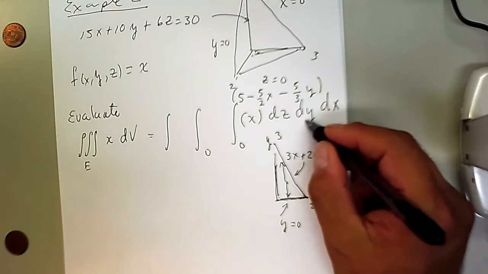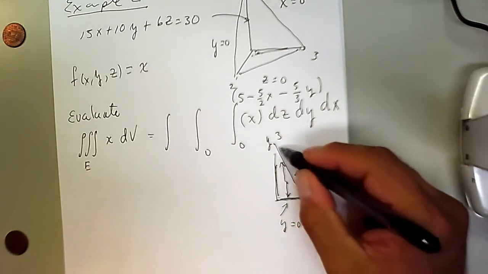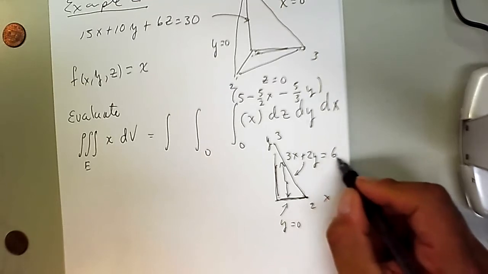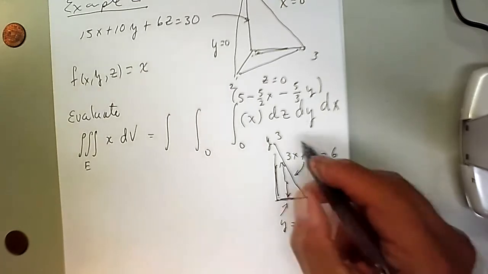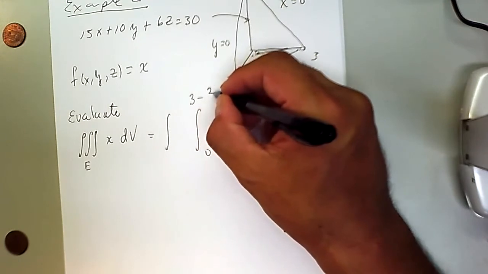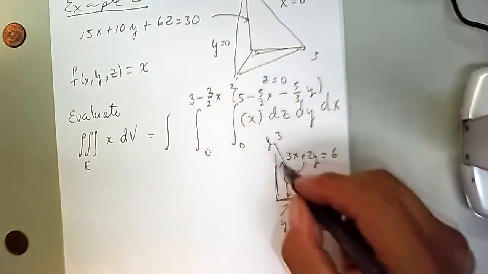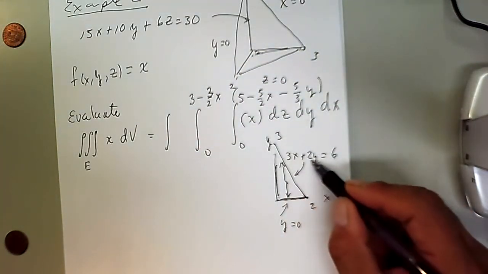We're integrating next with respect to y. And we want to have a ceiling for y. So we solve this equation for y, and that gives us, because we're going to divide by 2, 3 minus 3x over 2. 3 minus 3 halves of x. Again, 3 minus 3x, but then we're going to divide by 2.